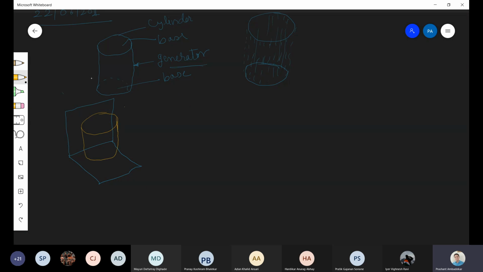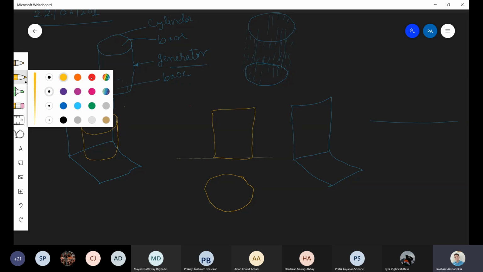If I draw the front view and top view of this, what will I see in the front view? Rectangle. Yes, in the front view I will see a rectangle. And what will I see in the top view? A circle. Correct.